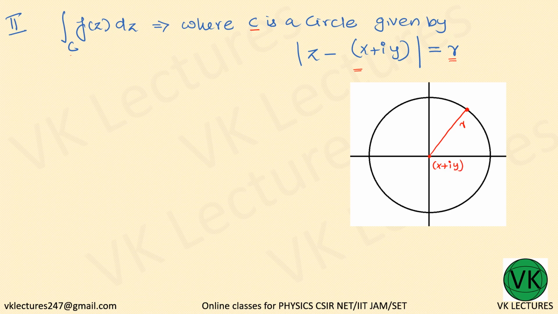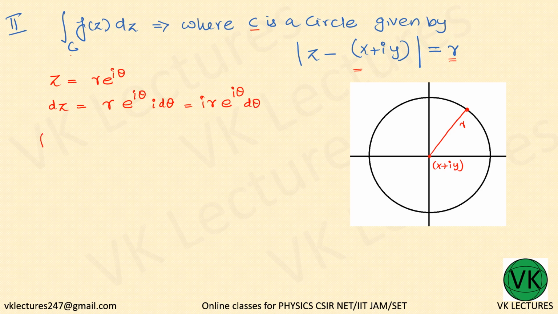That's the center. Now what we can do is find z, that is equal to r e to the power i theta. So dz with respect to d theta is r e to the power i theta into i d theta, so that's equal to i r e to the power i theta d theta, that is the dz.